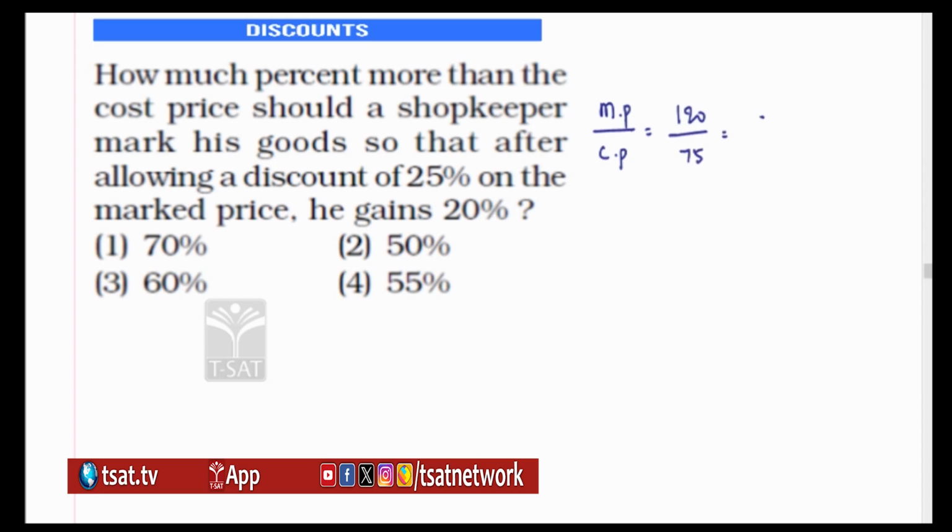Cancel it in the 5 table: this is 24, this is 15. 15 5s are 75, 15 8s are 120. CP is 5, MP is 8. So you should mark it 3 out of 5 into 100, the markup percentage. Percentage increase is markup percentage. Percentage increase means value increase by initial value into 100. This is your CP, this is your MP.